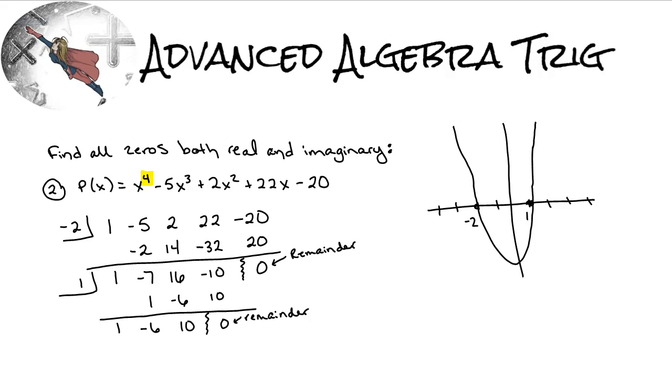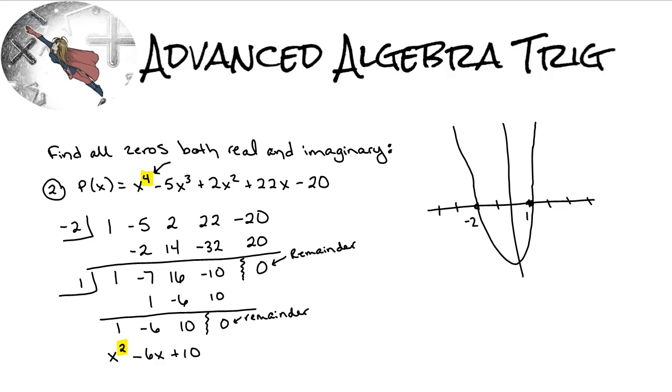Now I can rewrite my answer with the x's put back in. It has become x squared minus 6x plus 10. The reason that it is x squared is because the original was x to the 4th, and I divided twice, so it depresses it down to x squared.